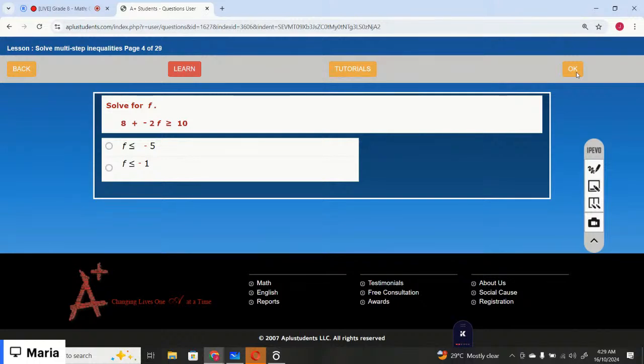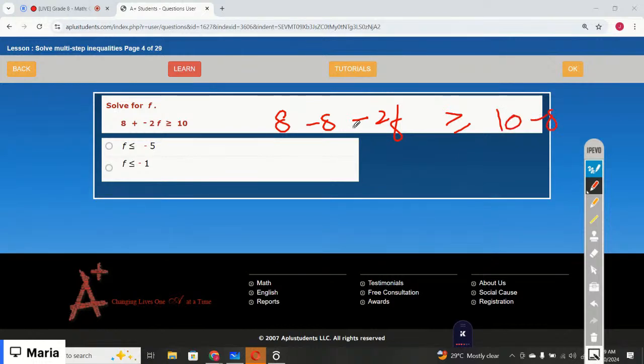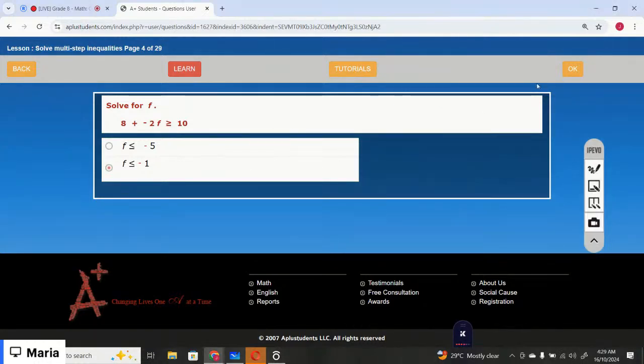You need to subtract 8 from both sides. That is 8 minus 8 minus 2f greater than or equal to 10 minus 8. So 8 and 8 cancel out. Negative 2f is greater than or equal to 2. F is less than or equal to negative 1. Option number 2 is the correct option. Got it? That is f is less than or equal to negative 1.